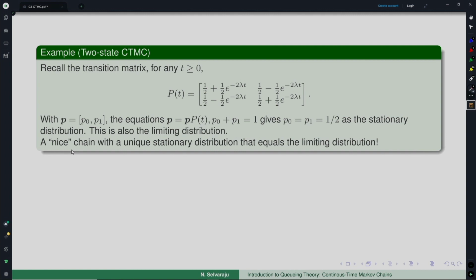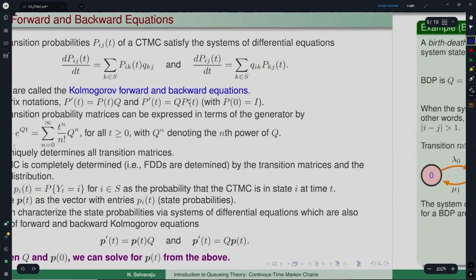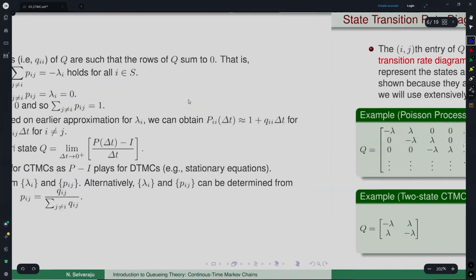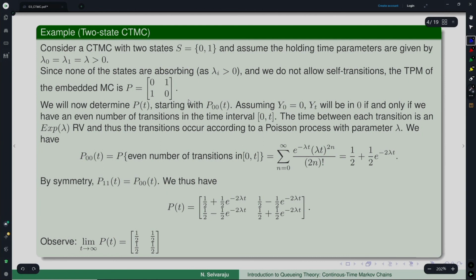But here one thing you will notice with respect to the discrete time Markov chain and the continuous time Markov chain: what is the defining Markov chain here? The defining Markov chain is 0 1 1 0. If I go back and look here, this is the defining Markov chain that we had for the two state CTMC case, and this was the P of t that we obtained earlier.